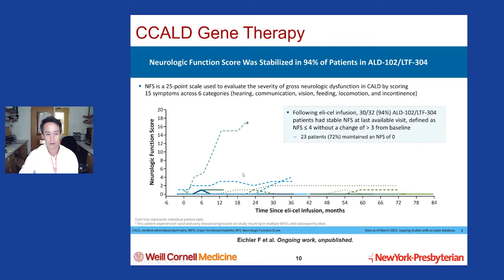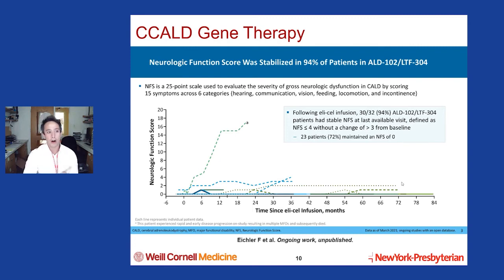Unfortunately, this is the one patient that succumbed to disease, indicating that gene therapy is a suitable option for patients who don't have a matched donor for hematopoietic stem cell transplant. So that's cerebral ALD, what was once an inflammatory demyelinating disorder that was ultimately fatal. We are getting much better at treating it with stem cell transplant, and gene therapy looks like a promising alternative to also treat these patients.